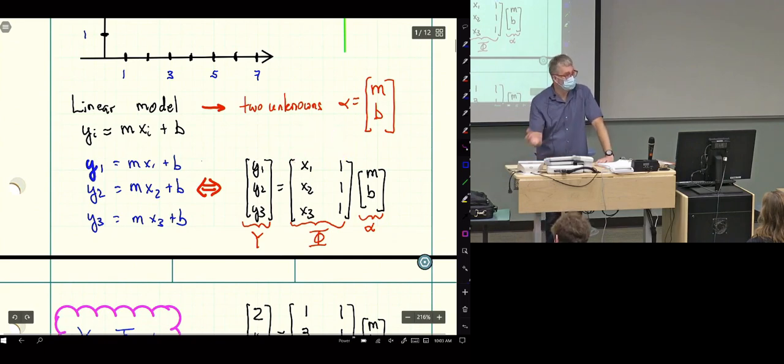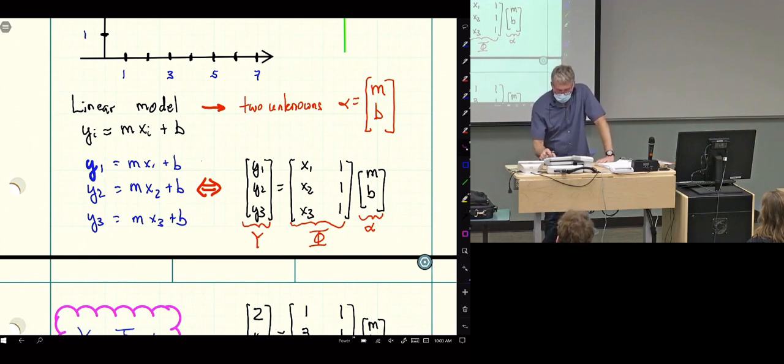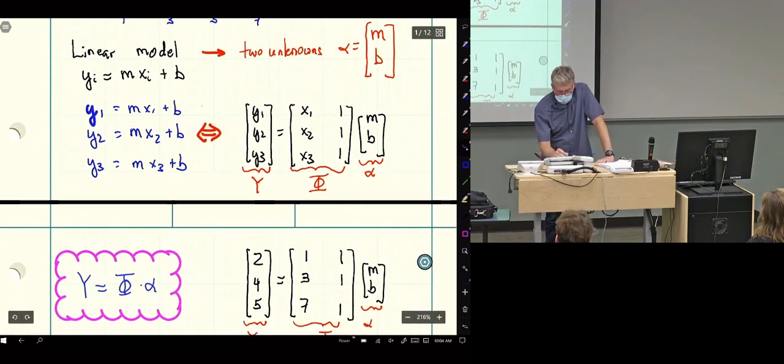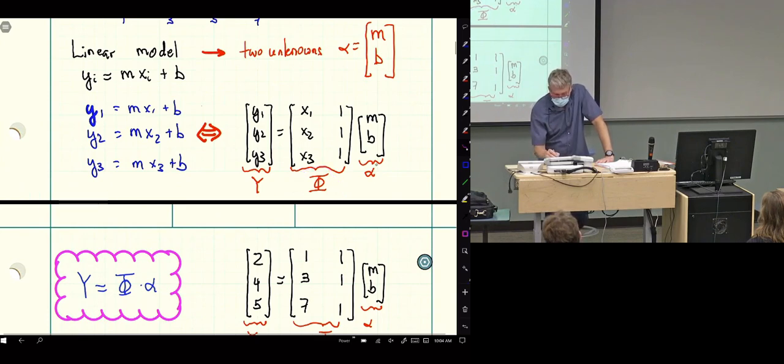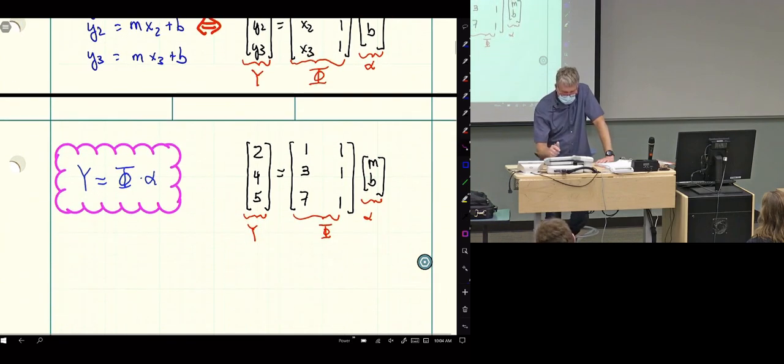It doesn't change the equation. You put the unknowns in any order that you want. But the thing is, when you're done, you end up with a column vector, a rectangular matrix we're calling phi for the moment, times a set of unknowns. And so the equation looks like this.